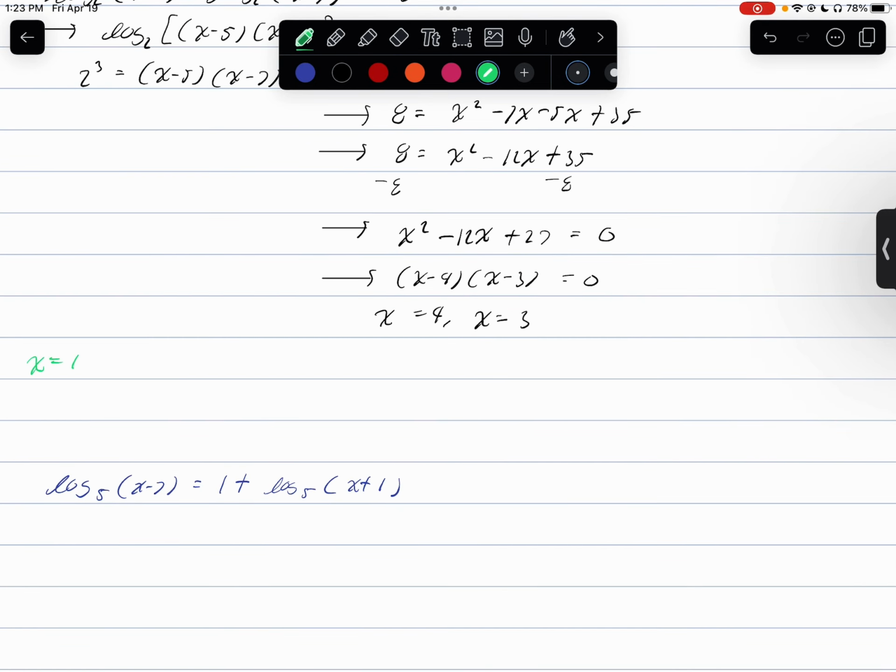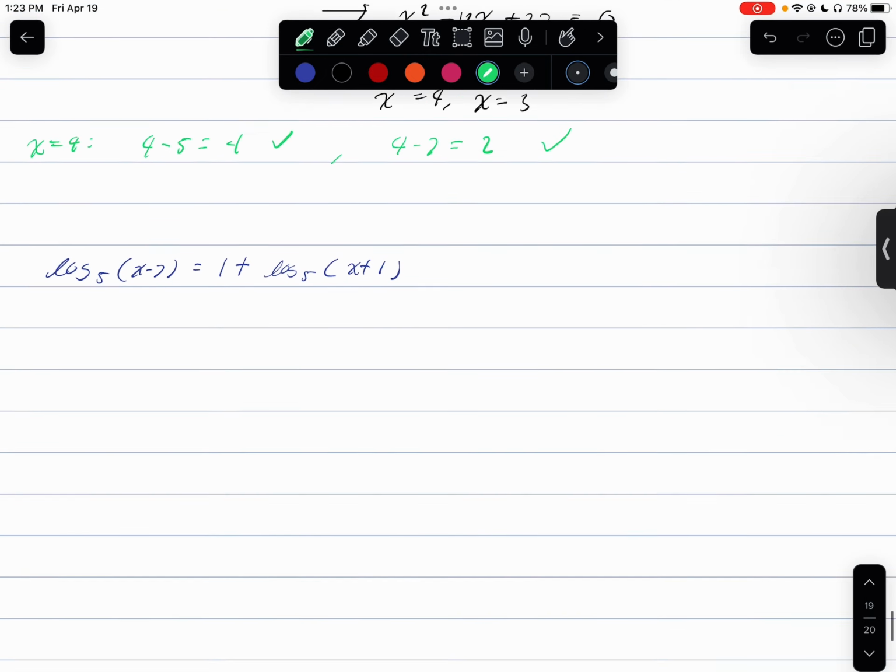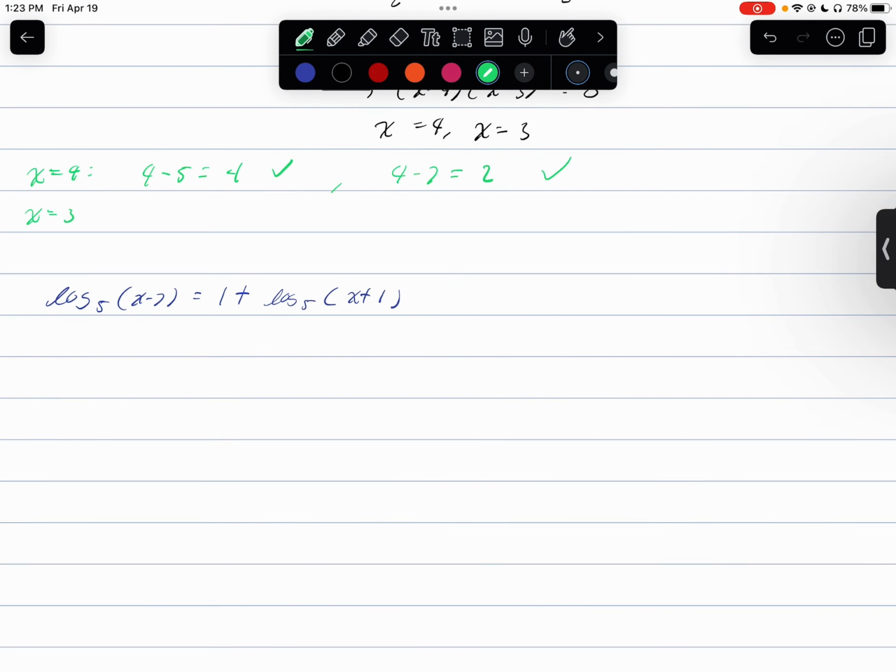So we have 9 minus 5 is 4, that's good, and 9 minus 7 is 2, and that is positive, so that is good. But let's check x equals 3. We're going to have 3 minus 5 equals -2, so we can stop there. We know that x equals 3 is not part of our solution. So x equals 9 is the only valid solution for this equation.